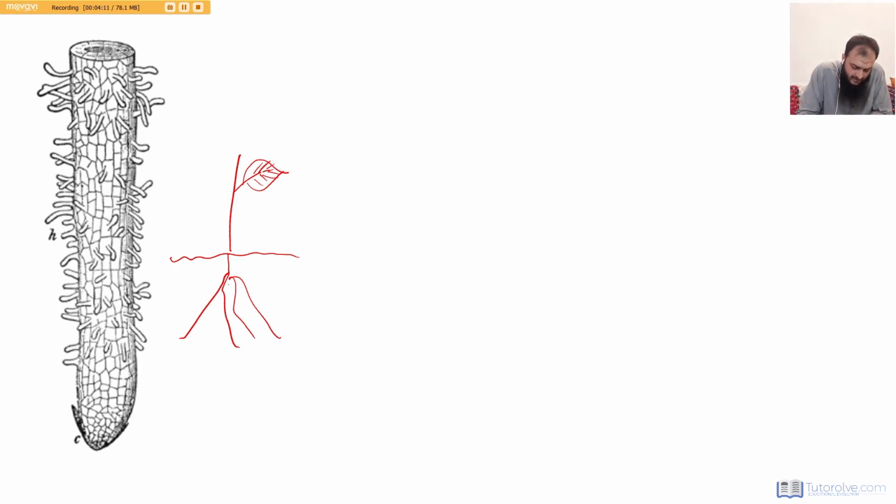Okay? And if I were to magnify this particular portion of the root, it would appear something like this that you can see on the screen. Okay? So we're trying to understand where exactly is the root hair cell located in the plant. So you can see at the boundary of this particular part of the root, you can see these projections. Yes, this part.